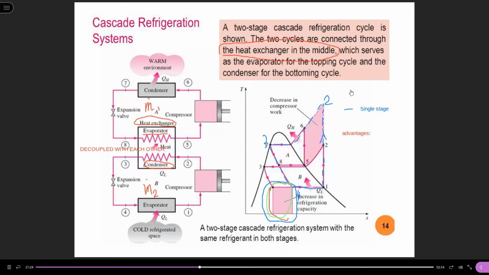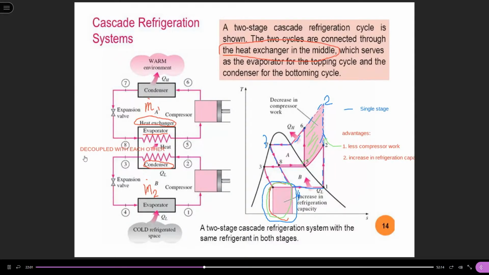We can see clearly that this shaded area is the compressor work saved. Second, for the Cascade refrigeration system, there is an increase in refrigeration capacity.